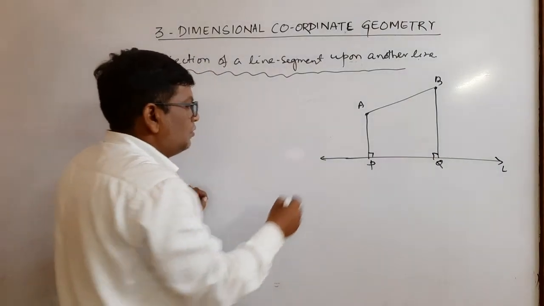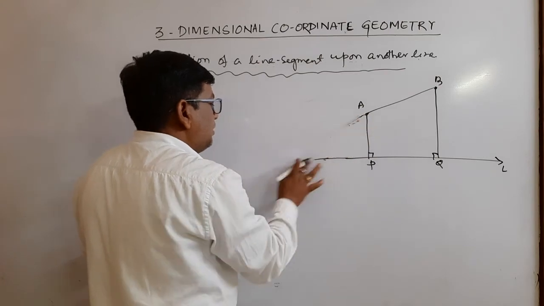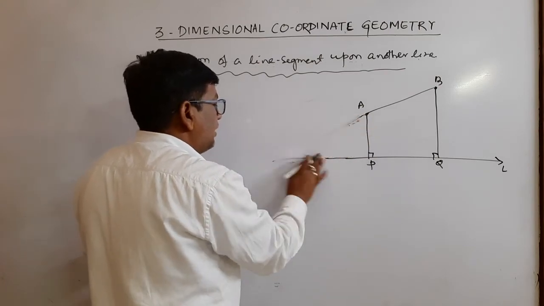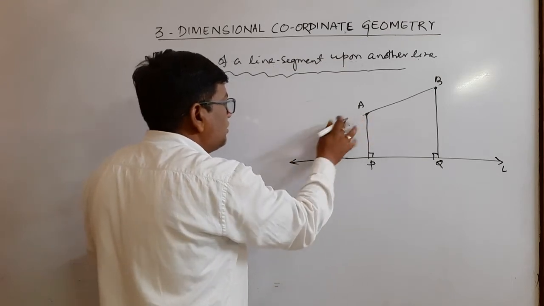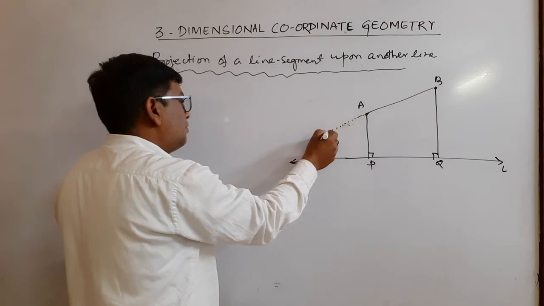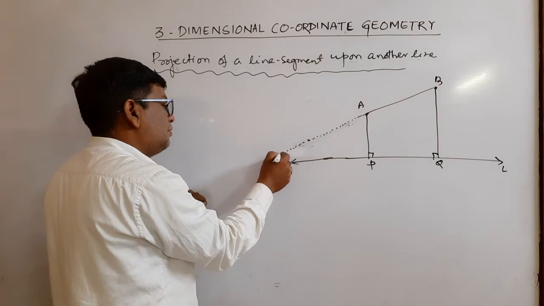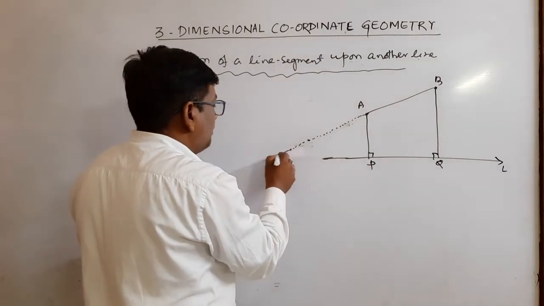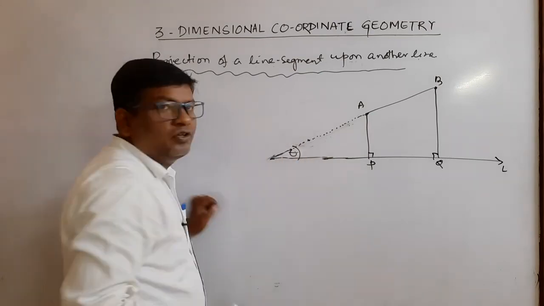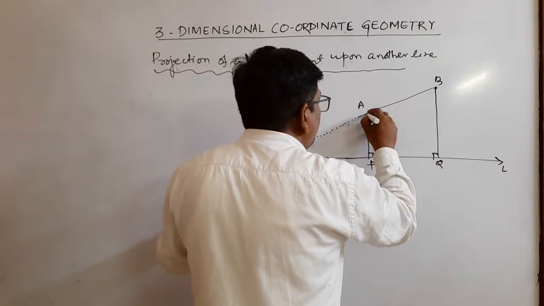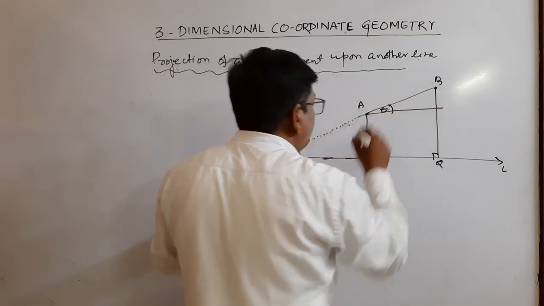Okay, now extend this line segment here. Suppose this is theta, draw the perpendicular here on the line BQ, this is also theta.